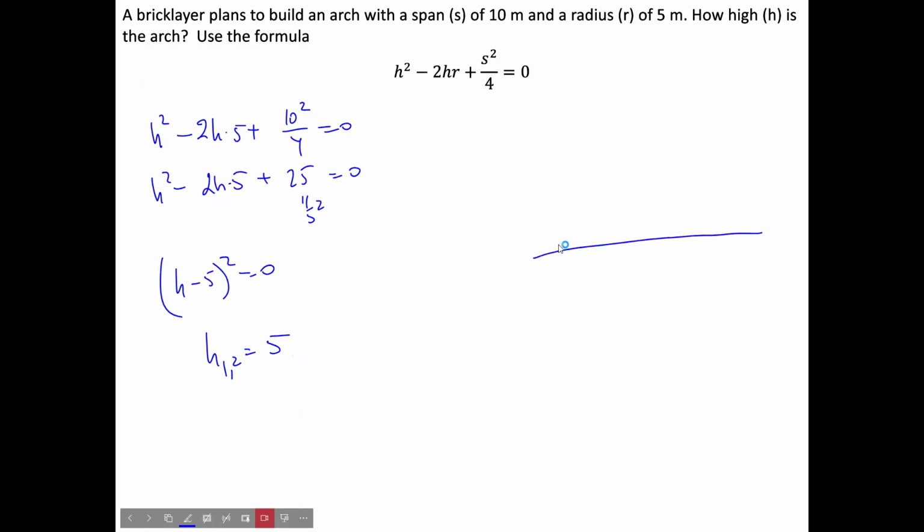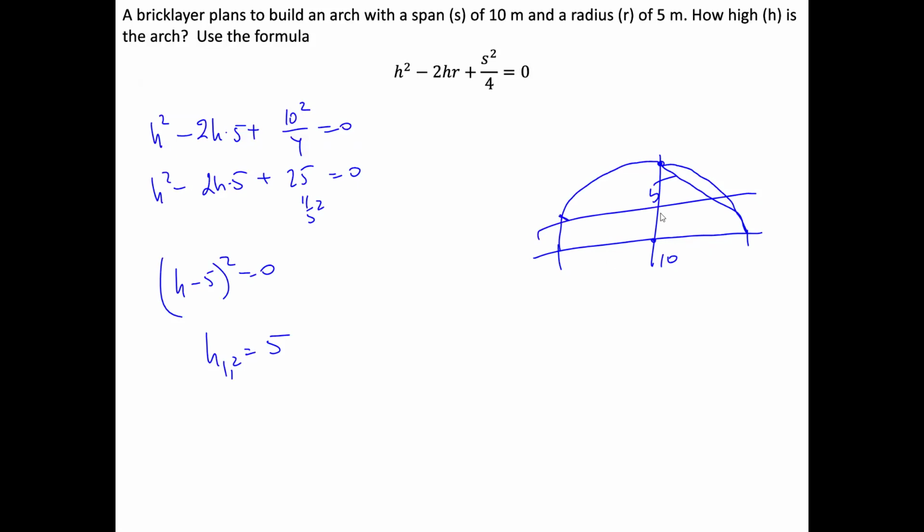But graphically, if it is 10, that's the arc. If the radius is 5, so the height is 5, right? Anyway, it's not always like that. Let's say if it was 8, for example.